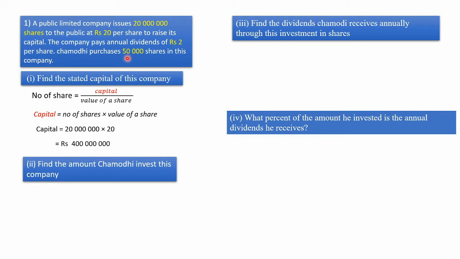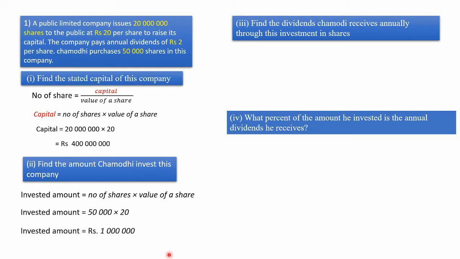It is 20 rupees. Very easy calculation. So the invested amount can be found from the number of shares multiplied by 20 rupees. Now you get 1 million, that means 10 lakh. That's the invested amount of Chamodi.